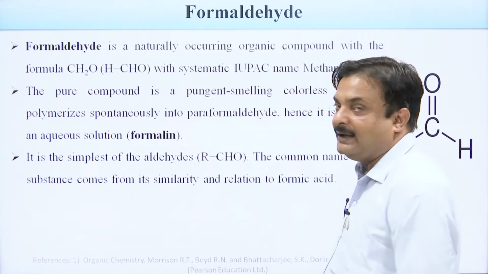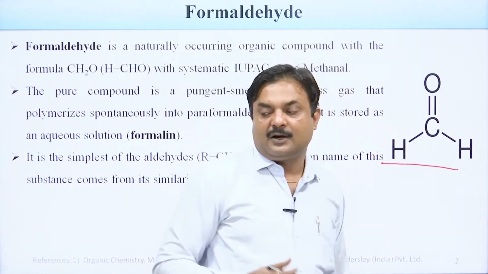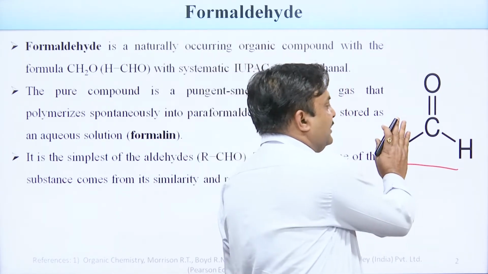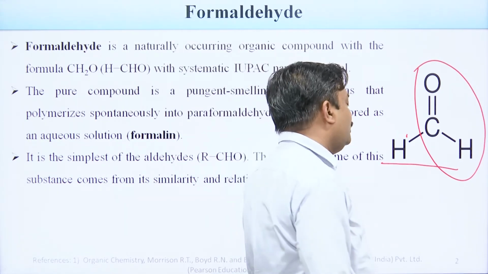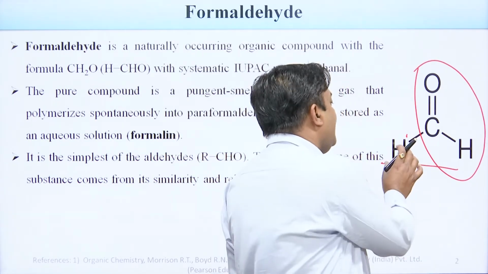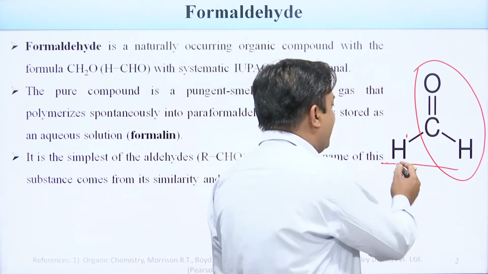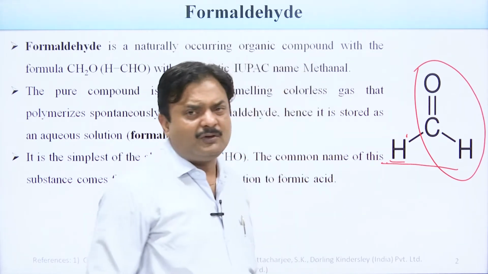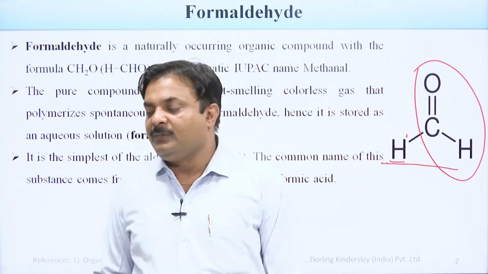Here you can see the structure of formaldehyde. This is the formyl group, CHO, the aldehyde group you can say, and in place of R we have hydrogen. So, this is the structure of formaldehyde.